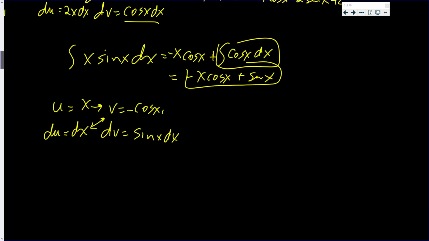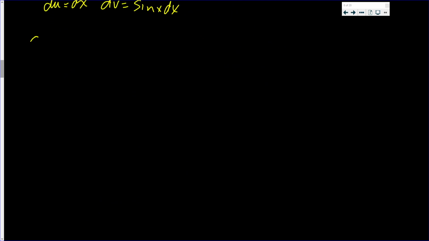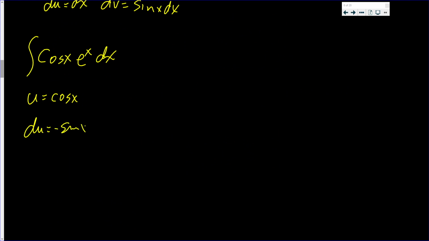Let us try this one. Suppose you have the integral of cosine x e to the x dx. If I let u equal cosine x, then du will be minus sine x dx. And dv is e to the x dx, so v will just be e to the x. By the way, I should be asking, can I make substitutions? If I call this u, will what's left over be du?